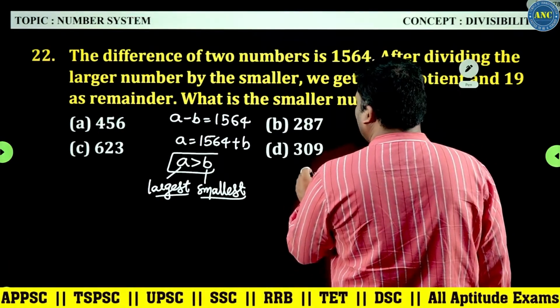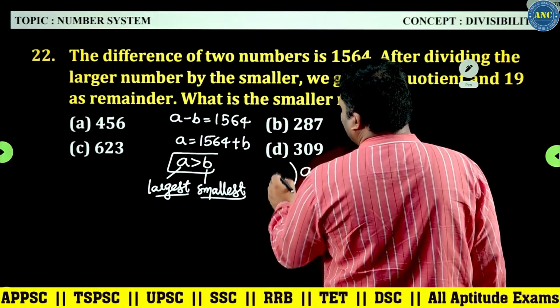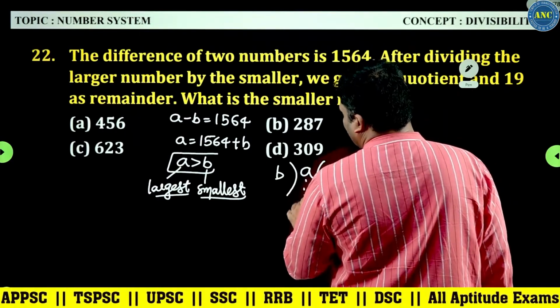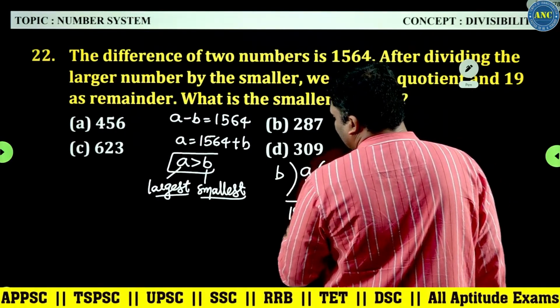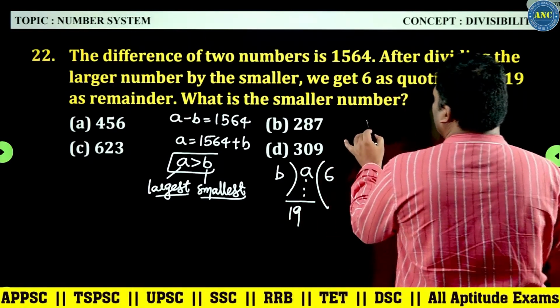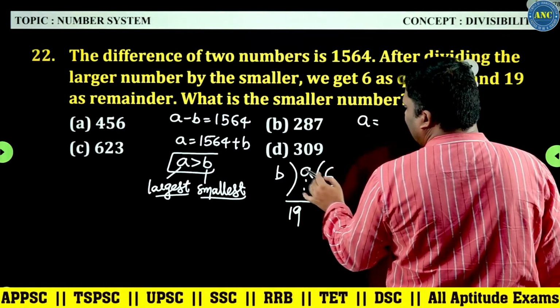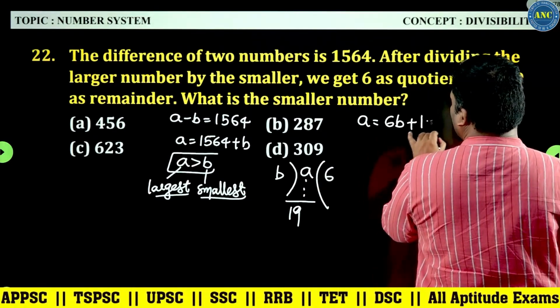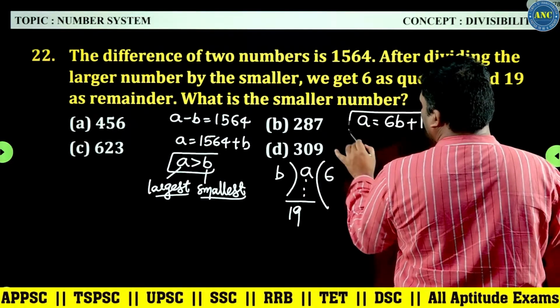When dividing the larger number A by B, we get 6 as the quotient and 19 as the remainder.